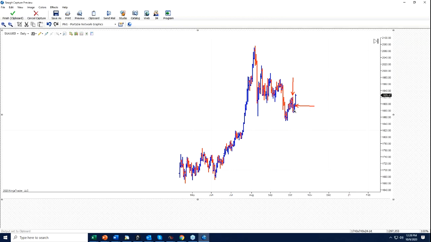So let's say I was correct. This was going to go down, and I had my limit order at 1896, and let's say it goes to 1892 and then goes. So the limit order is very difficult to assess, where prices are going to retrace to, and then how far they are going to retrace. So where do you put your stop loss? I'd have to put my stop loss all the way up here.